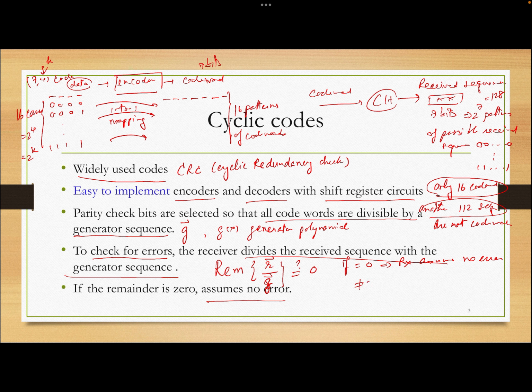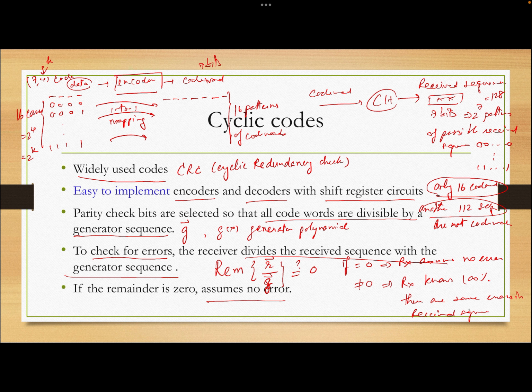If not equal to zero, so there's some remainder, then the receiver knows 100% that there are some errors in the receive sequence.